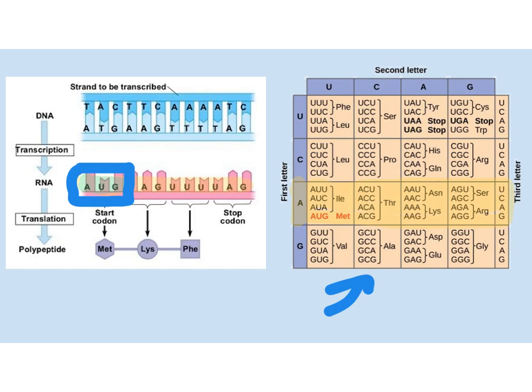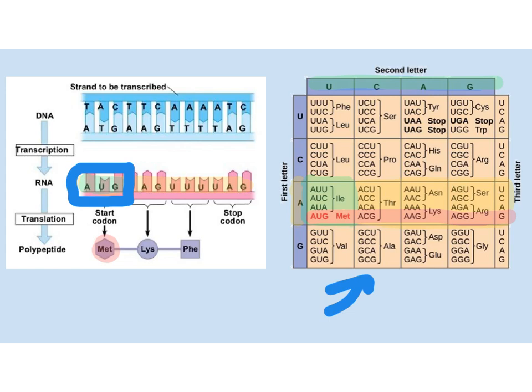Now, my second letter is U, so if I go across here, the first column is U. Now this is the only box that I'm concerned with. A was my first letter, U is my second letter. My third letter is G, so I go all the way across and say, AUG is methionine. There's my first one.